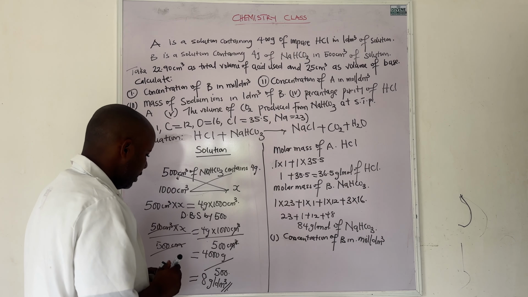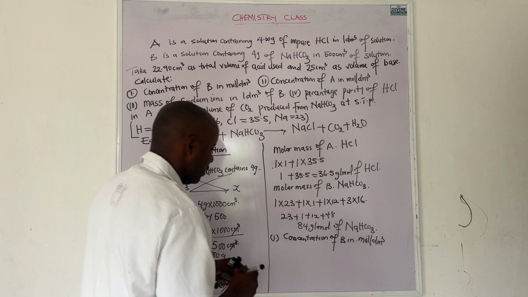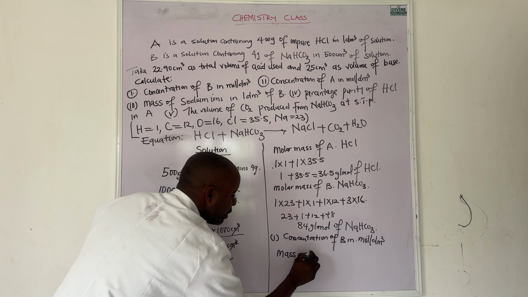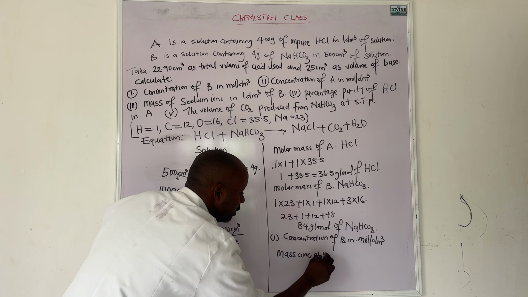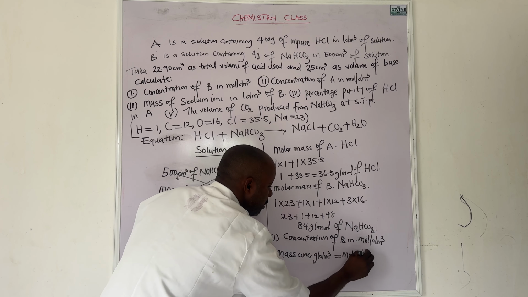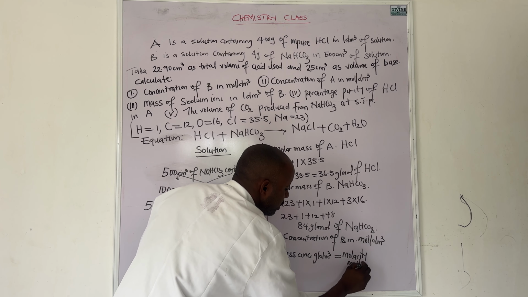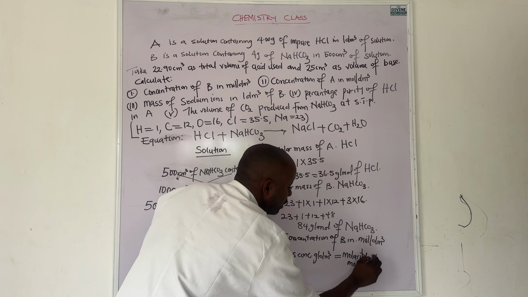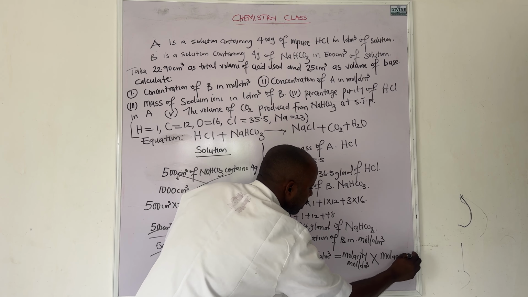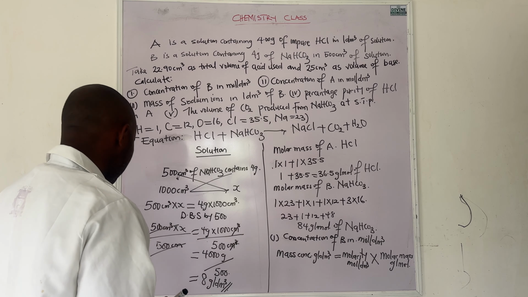Since we already know the mass concentration of B and the molar mass of B, we can look for the molarity by using this relationship: mass concentration in gram per dm cube is equal to molarity in mole per dm cube times molar mass in gram per mole.